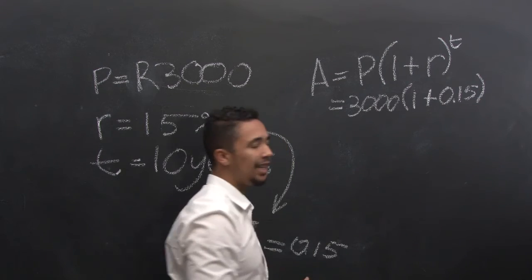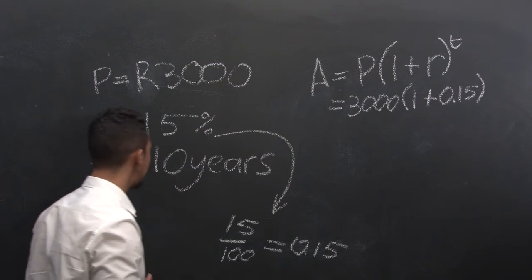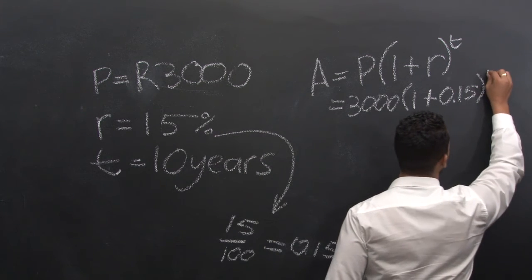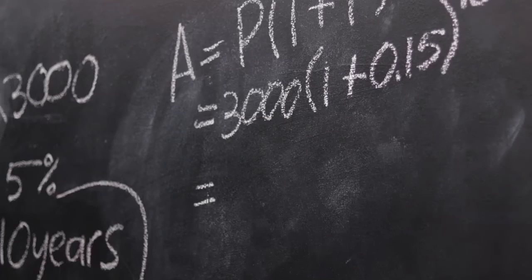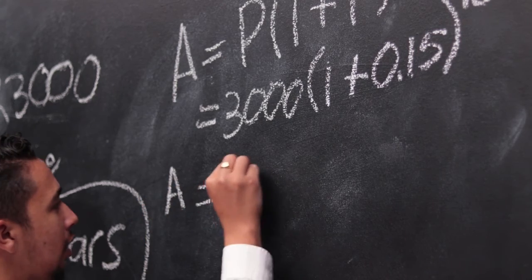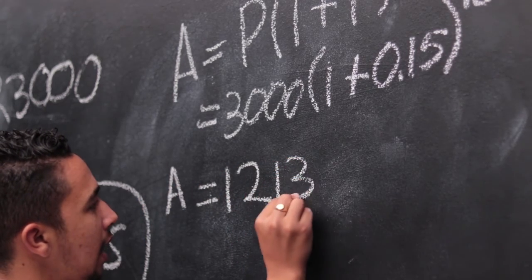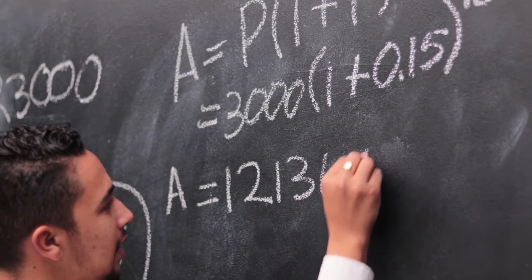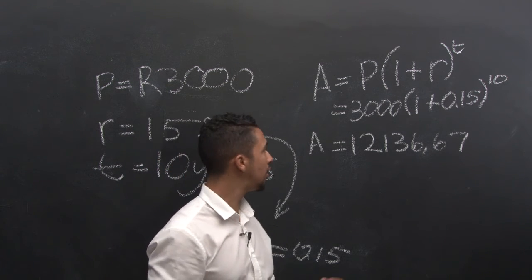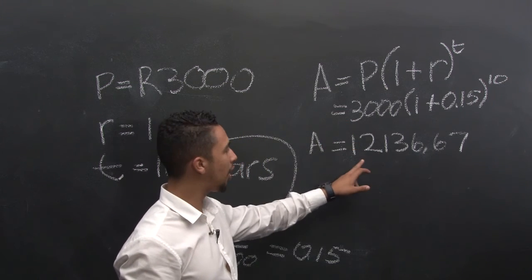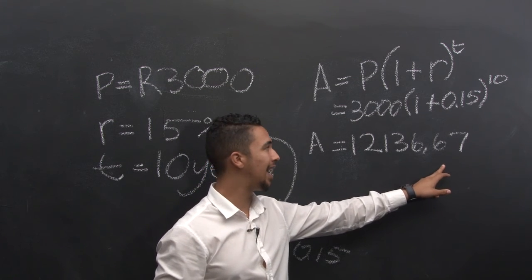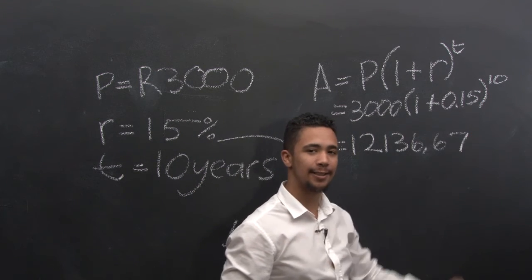T, our time, is 10 years. So T is equal to 10. That means our A is equal to 12,136 Rand 67 cents. Therefore, Henry's investment has grown from 3,000 Rand to 12,136 Rand 67 cents in the span of 10 years.